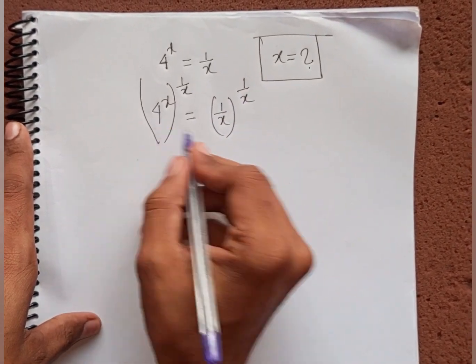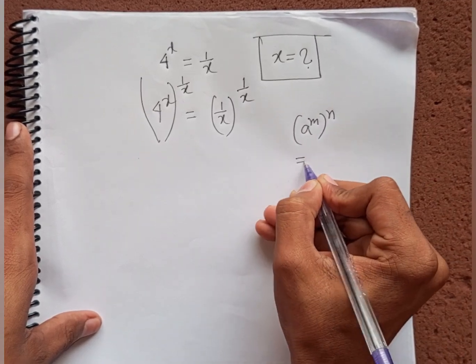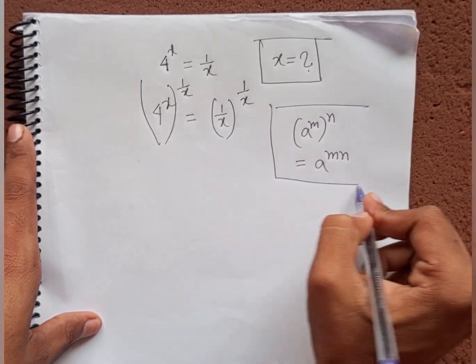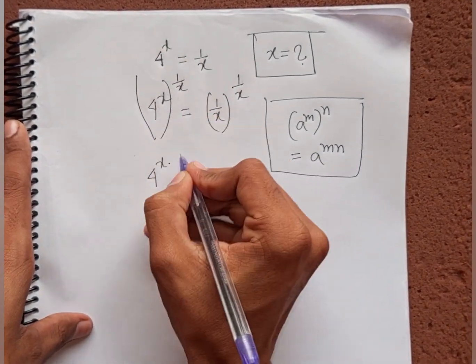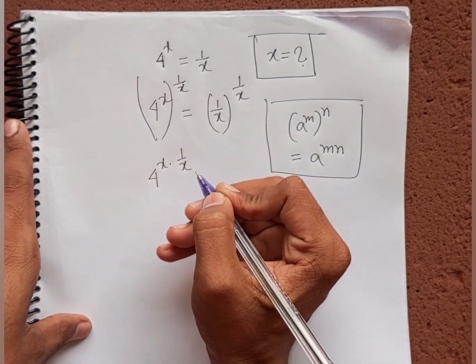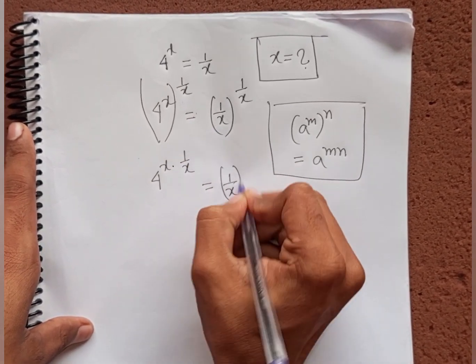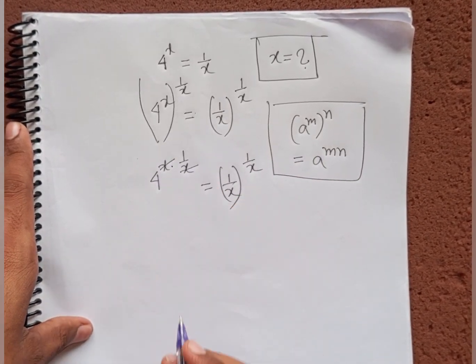Now here you can apply this formula: a power m, bracket power n, is equal to a power of mn. So according to this rule, it will be 4 power of x times 1 by x, then is equal to 1 by x bracket power of 1 by x. Now this x will be cancelled.